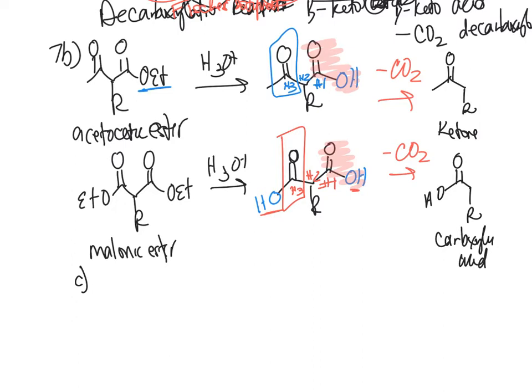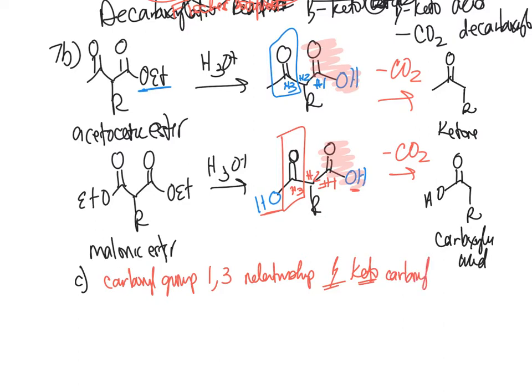So the carbonyl groups are a 1-3 relationship. And that's a beta. Okay, so that's the beta keto or a beta carbonyl carboxylic acid. And those are the ones that undergo decarboxylation.